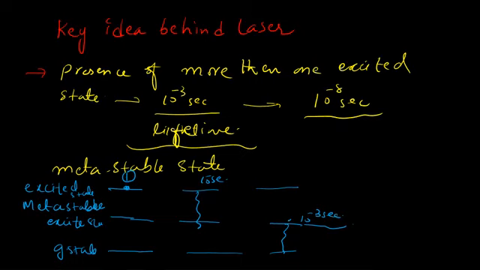Now we will discuss the types of radiation involving electromagnetic waves that are possible between two energy levels.